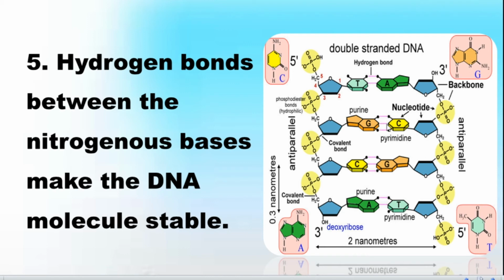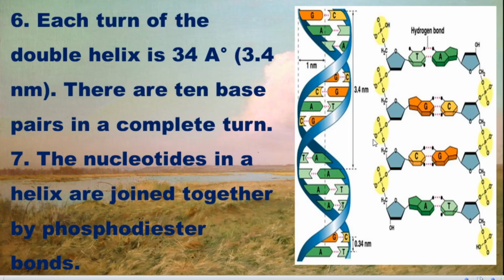No, 3 hydrogen bonds. Thymine always pairs with adenine with 2 hydrogen bonds. So it may be different. If the statement they have given is correct, fine, otherwise you have to correct it. Adenine always pairs with thymine.